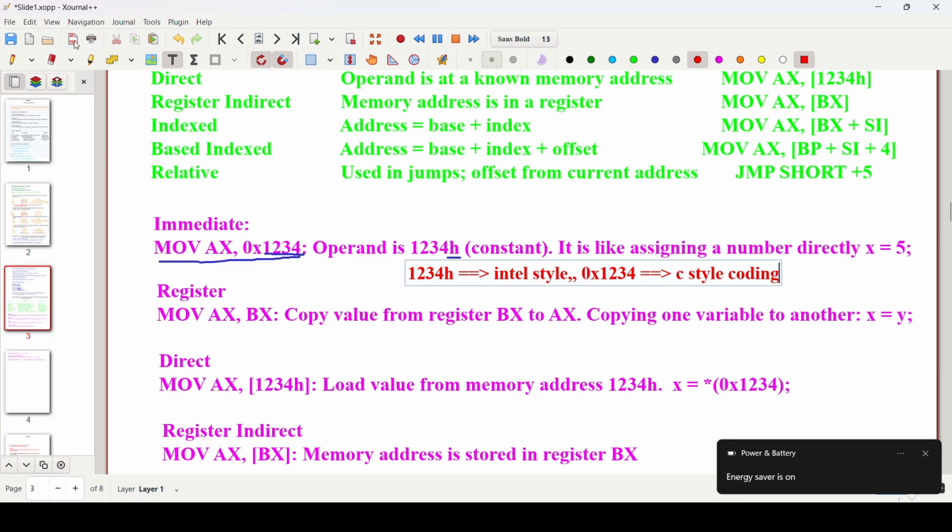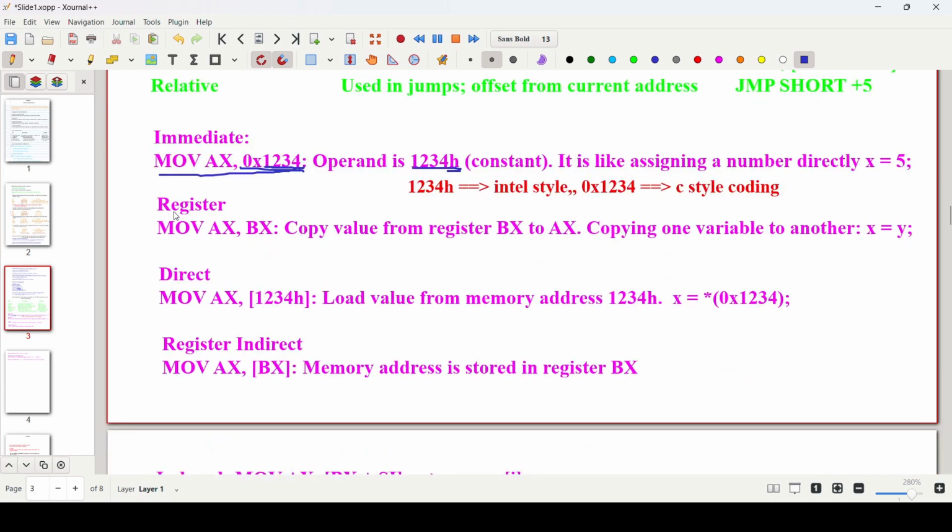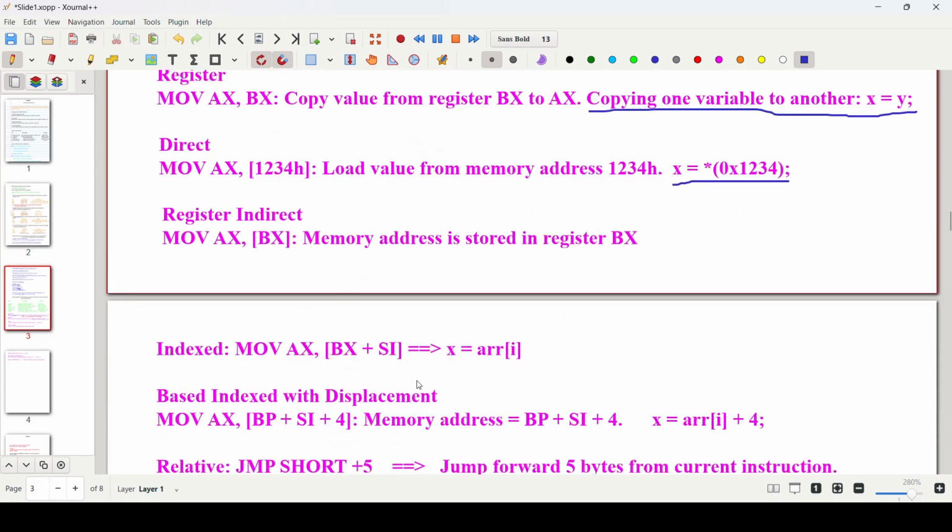This value, 1234H, and 0x1234 will both be the same in decimal value, and the decimal value is 4660. And in the register mode, I've taken the example MOV AX, BX, which is copying the value from register BX to AX. So I have also written an analogy in front of each mode, and you can understand from this analogy.